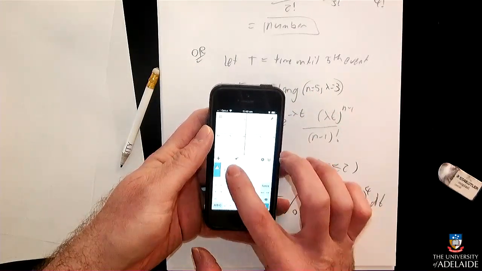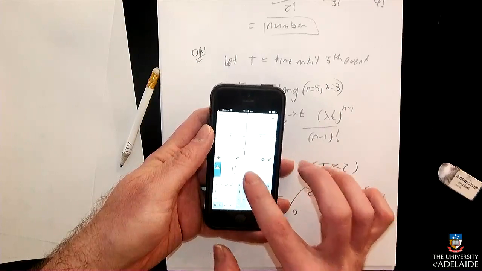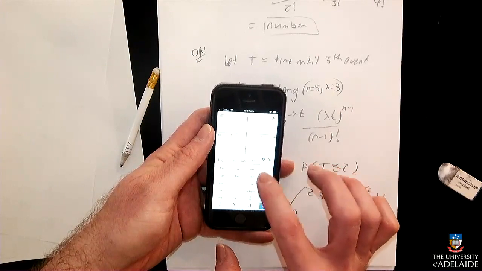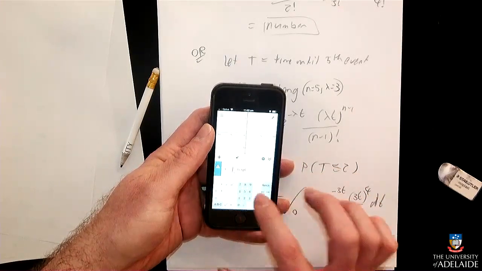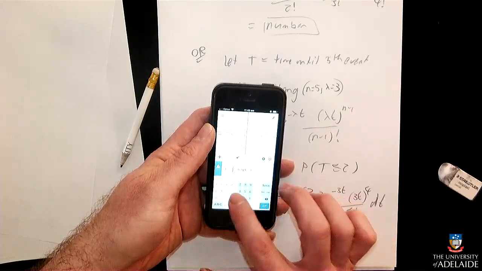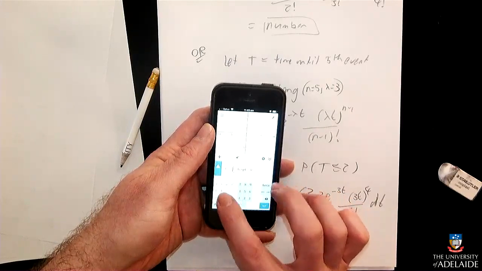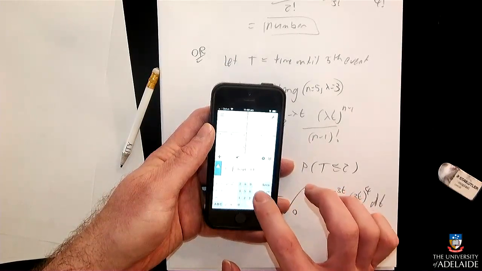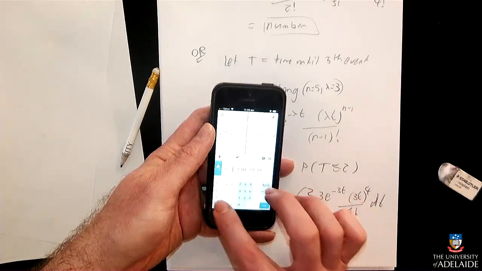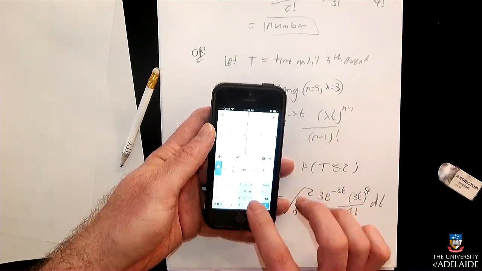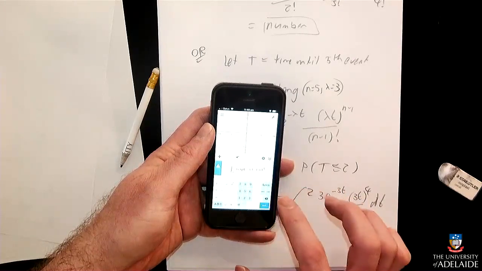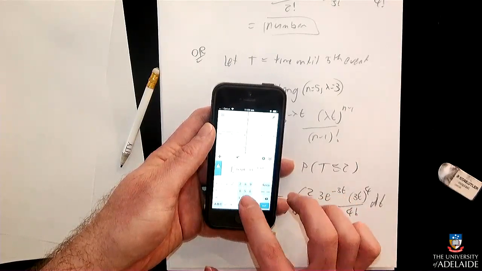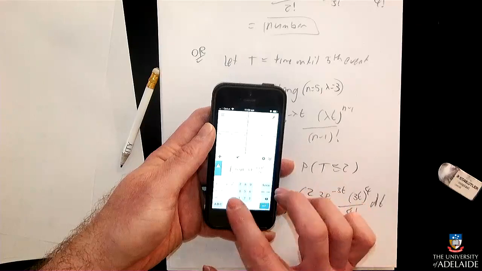The integral from 0 to 2 of 3 e to the minus 3t times (3t) to the 4 over 4 factorial, which is 24, dt.